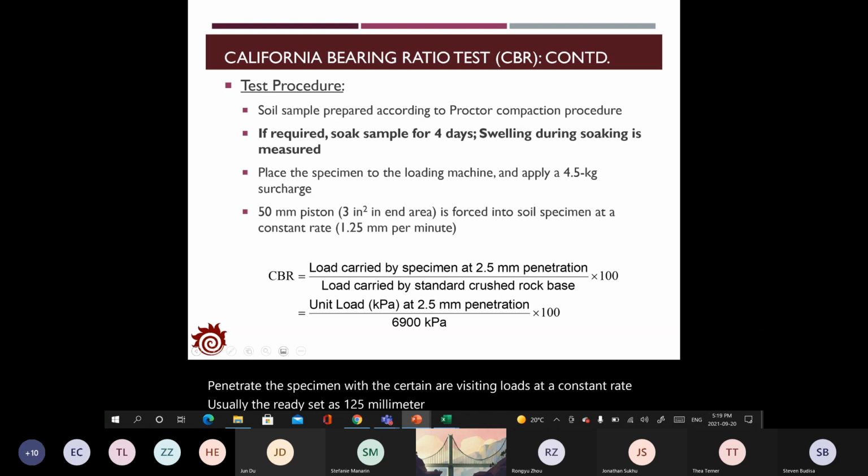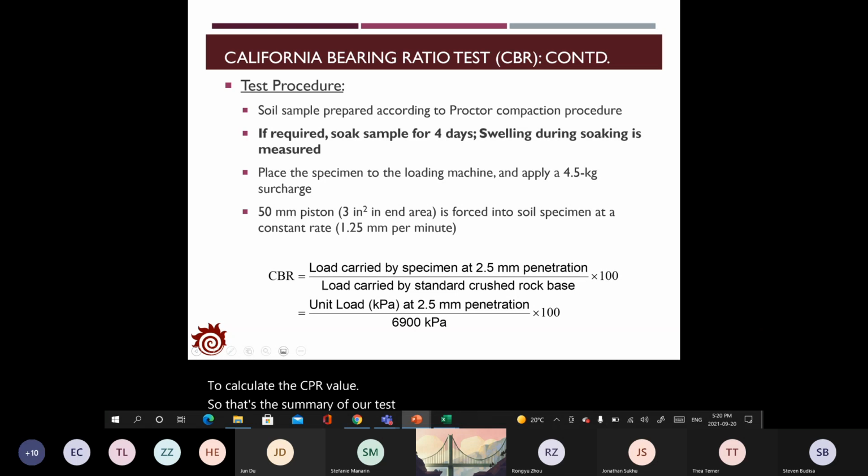So usually you will find the value of the 2.5 millimeter penetration after 2 or 3 minutes. And then you have to record the load applied at the penetration value of 2.5 millimeters to calculate the CBR value. So that's the summary of the test procedure.